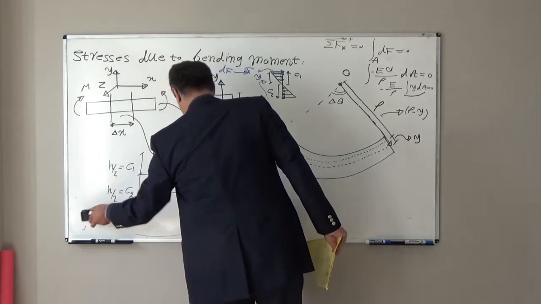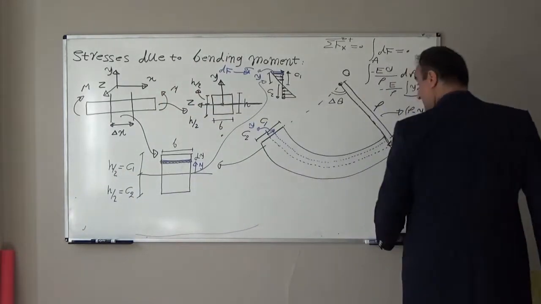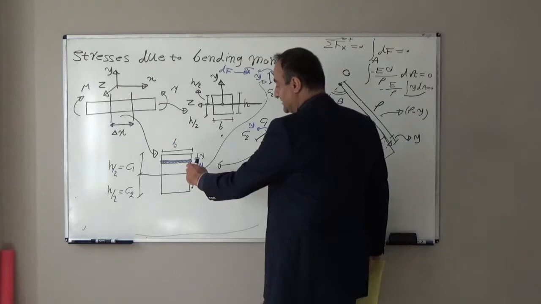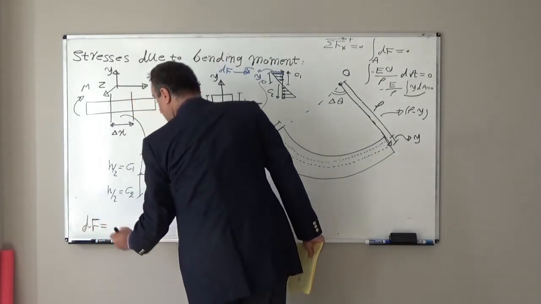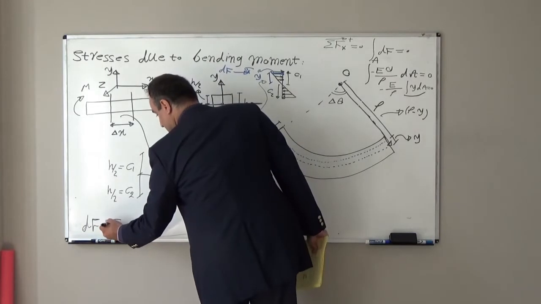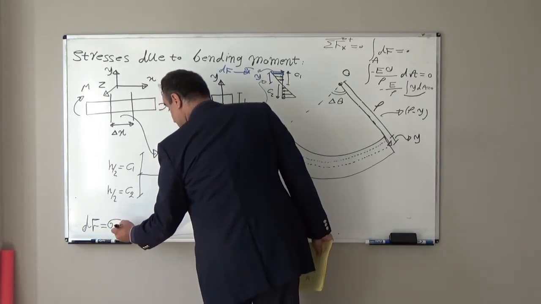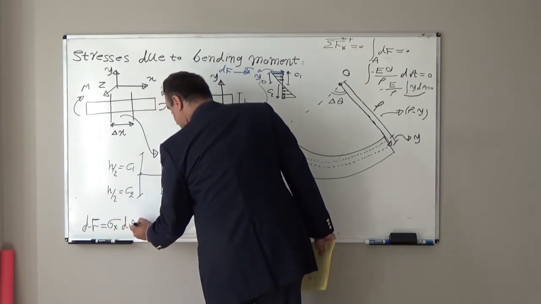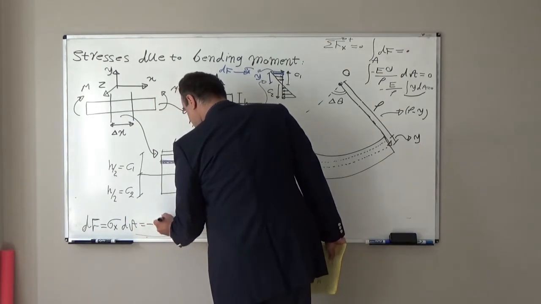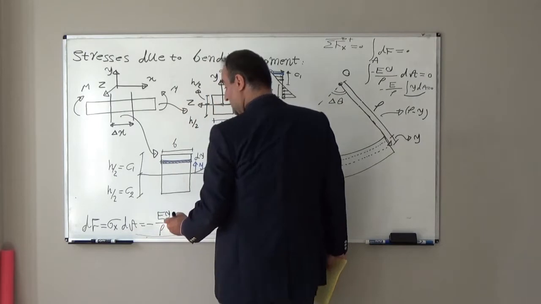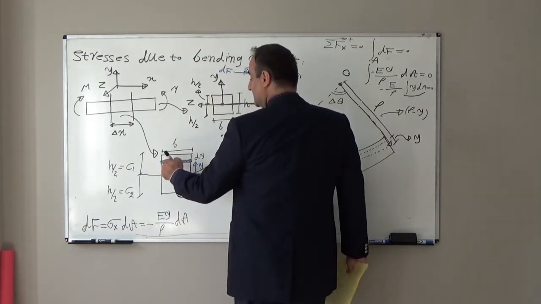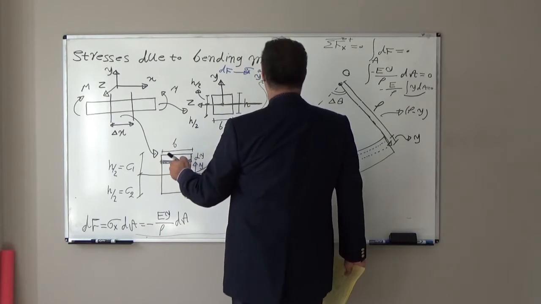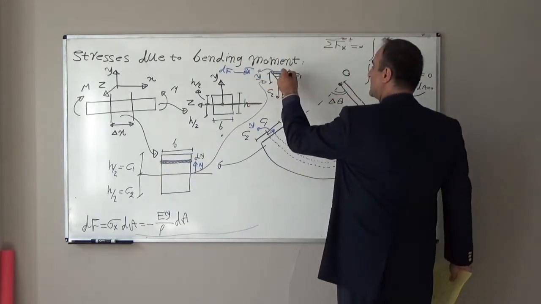We know now the force in this fiber, dF, is equal to the stress sigma x times dA, and sigma x is equal to negative E y over rho times dA. It gives us the force in this fiber.